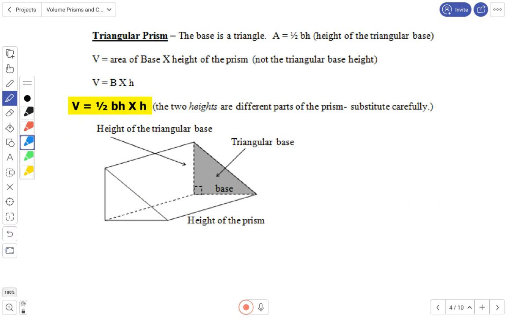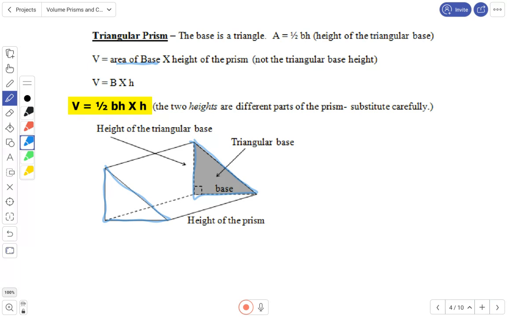All right, we're not going to do too much with triangular prisms, but I just wanted to show you this because in the very beginning I had said that you could find the volume of any prism as long as you knew how to find the area of the base. So this is just showing you if you had a triangular prism, we would call it a triangular prism because see how your bases are triangles.